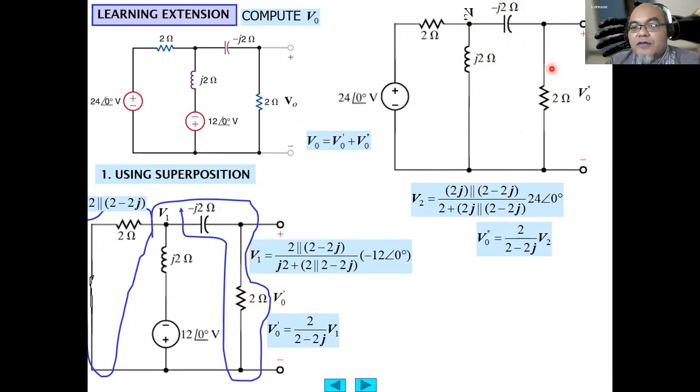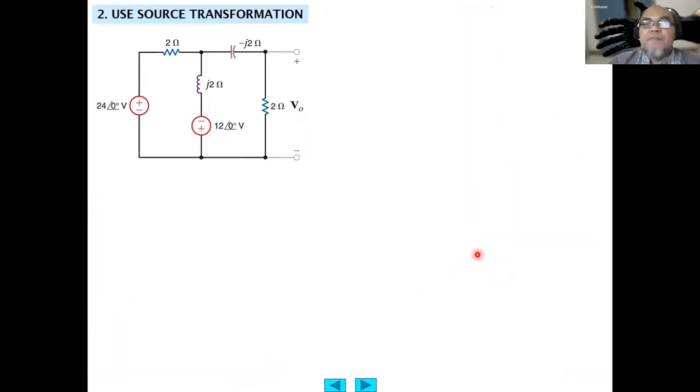Then V output double dash equals, also using the voltage divider formula, 2 ohms divided by 2 minus 2J times V2. And the total V output equals V output dash plus V output double dash.